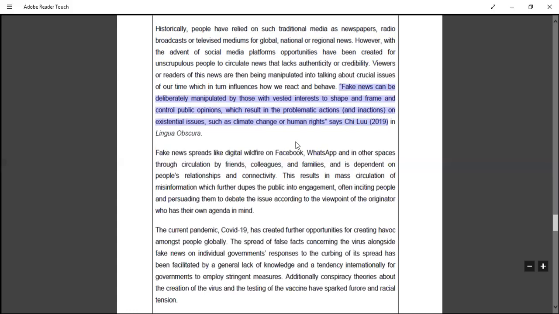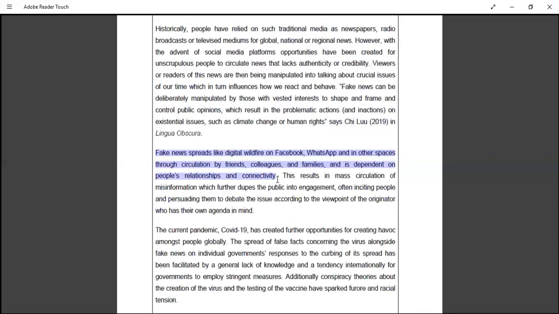If you look at the second paragraph, it says here, fake news spread like digital wildfire on Facebook, WhatsApp, and in the spaces through circulation by friends, colleagues, and families, and is dependent on people's relationships and connectivity. Now, it builds on the first idea to say, okay, now that the social media and the fake news are being published, it then spreads like wildfire.